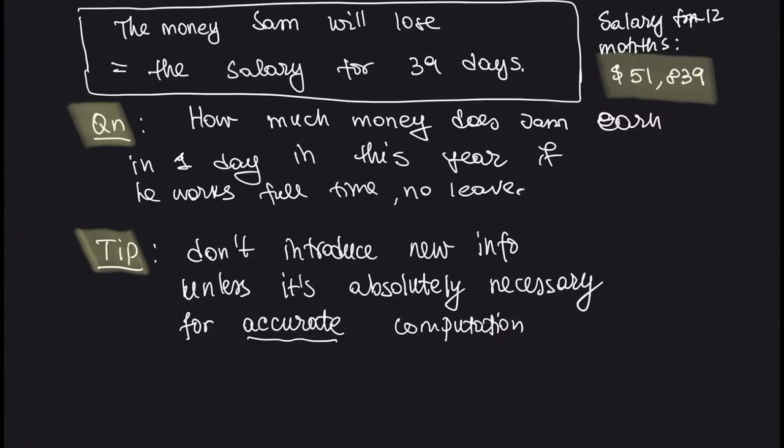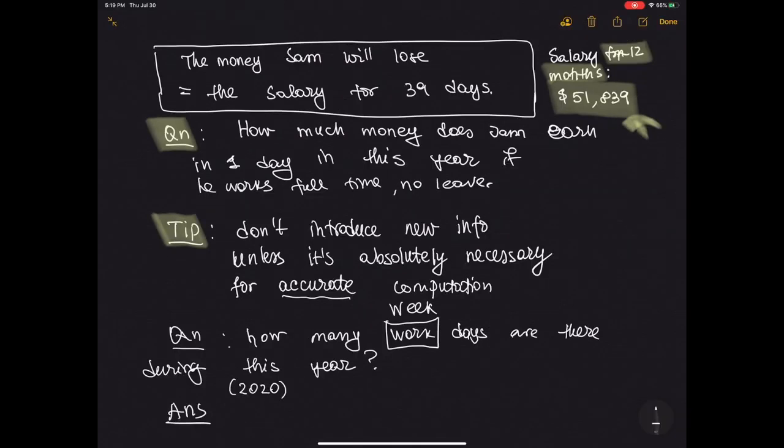And by the way, it goes without saying that this number over here was a pre-tax number. We are not talking anything about taxes here. That's a separate question. So what I would do in this situation, I would just try to see how many working days there are in these 12 months of this particular year. So I went online and I found out that there are 262 weekdays in 2020.